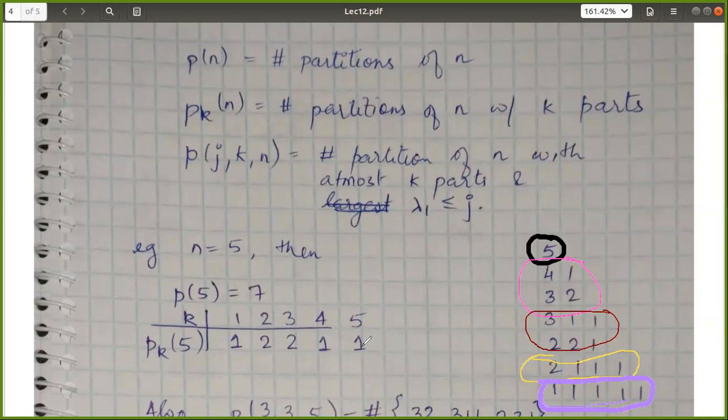Yes. Now, if I ask a little harder question, which is how many partitions of 5 are there which have at most 2 parts and the largest element is at most 3? 1. Which is that element?